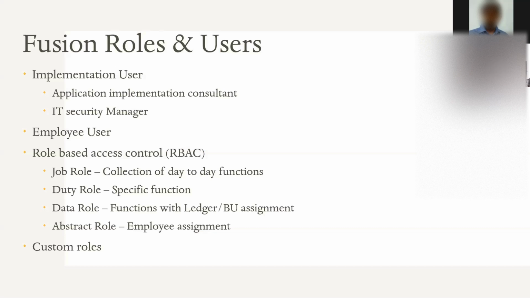Duty role is a more specific role where I would say I will create only the invoices. Data role is something where I have access to a particular business unit or ledger. And abstract role is nothing but assigning this particular function or data role to a user. These are the different combinations we have.